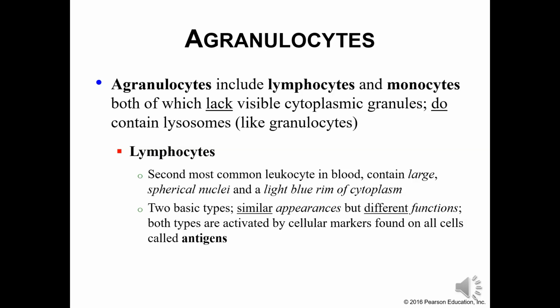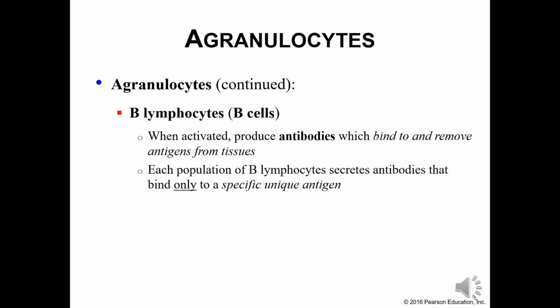Now the other types of leukocytes are called the agranulocytes, and these include the lymphocytes and the monocytes. Both of these white blood cells lack any granules in their cytoplasm. So that's the reason they're called agranulocytes. Now, among lymphocytes, you have B cells or B lymphocytes.